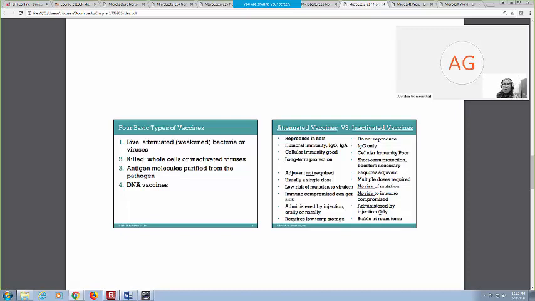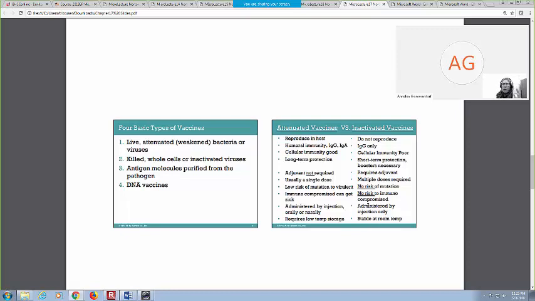And ideally, we want 99% of the vaccine producing immunity, right? So out of 100 people that are vaccinated, we want 99 of them, or better, to get the lifelong immunity and that protection from that disease.